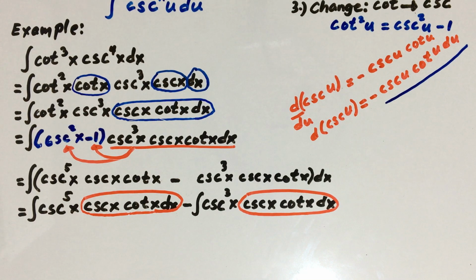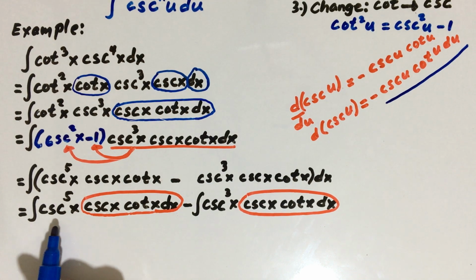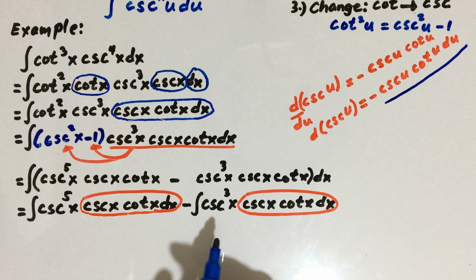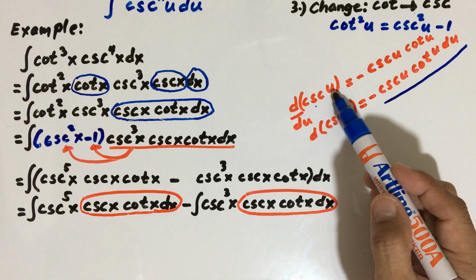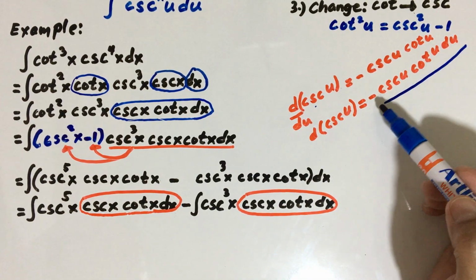As in group number 2, case 2, we have to produce something where we can use the power formula. If you examine the resulting integral functions, we have here the derivative of cosecant u, and then this is the result, right?